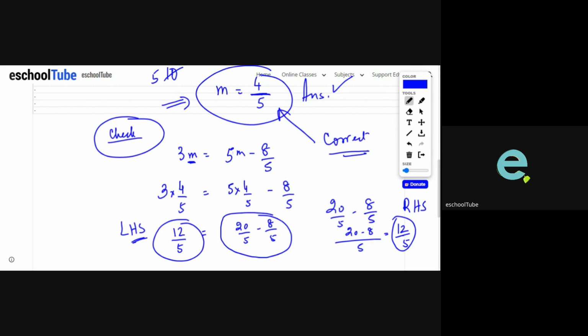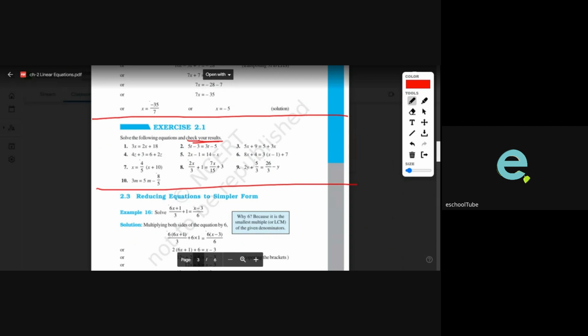ठीक है? Okay, sir. So you should do these questions. Exercise 2.1. First you have to solve and then you have to check your results. कर लोगे? Yes, sir. So this is your homework for today.